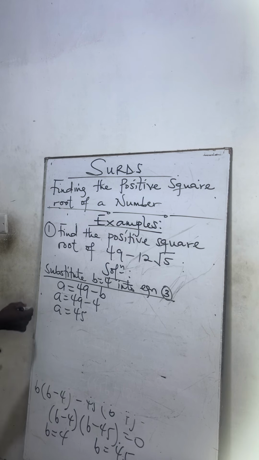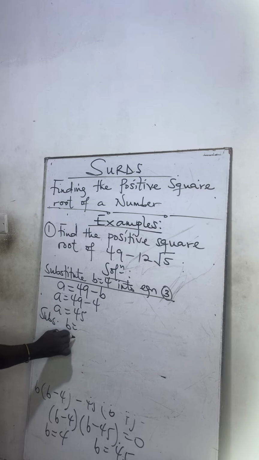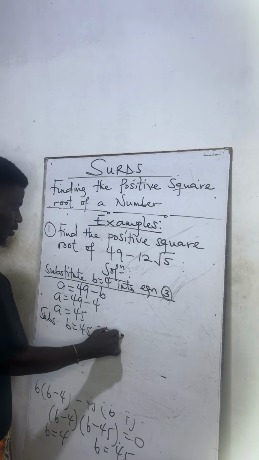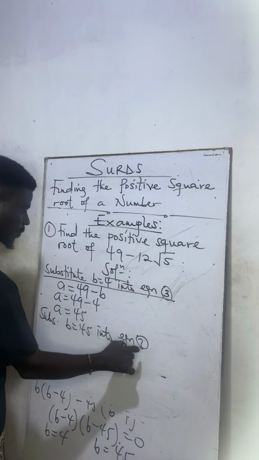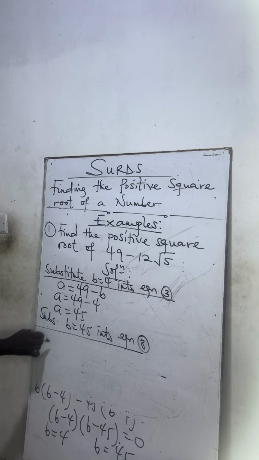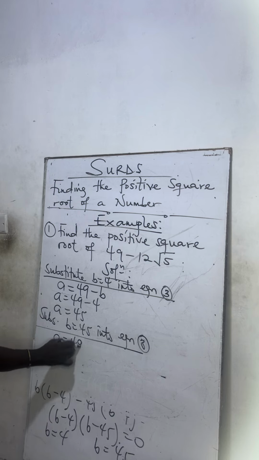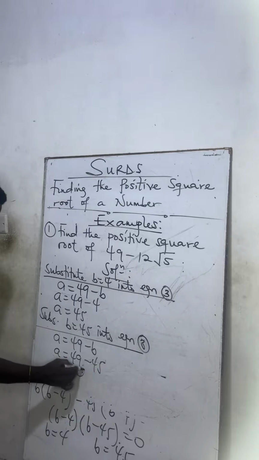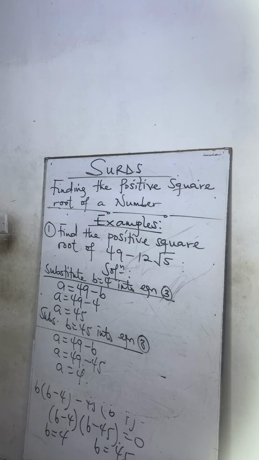Same thing, we substitute b equals 45 into equation 3, so that we have a is equal to 49 minus b. A is equal to 49 minus 45. A is equal to 4.